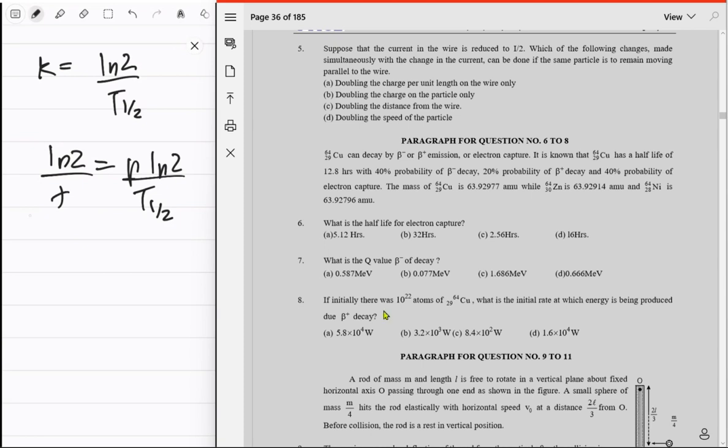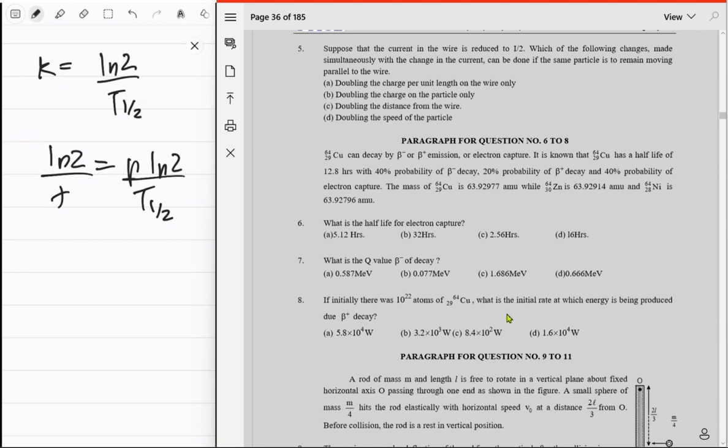Actually we will have to find k as well. So we need some nice values for this thing. 12.8 hours, that's not going to be good. Natural log of 2 upon this guy, huh? 6.4 something.